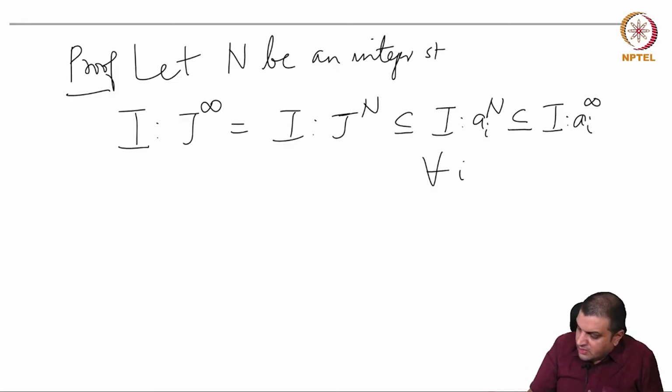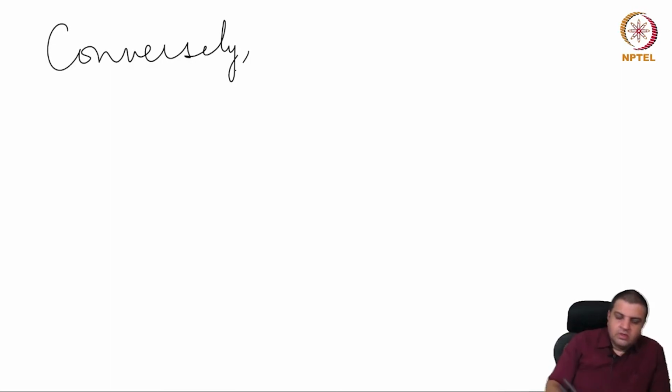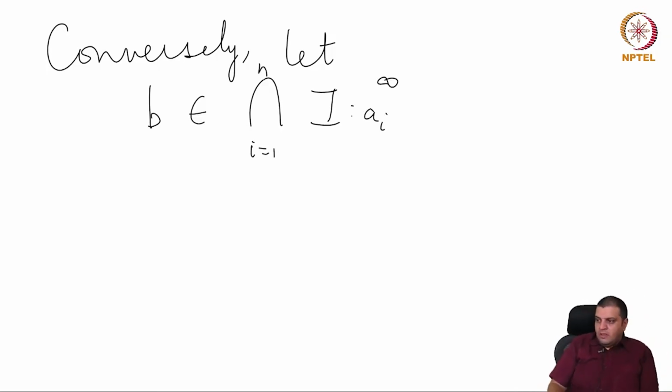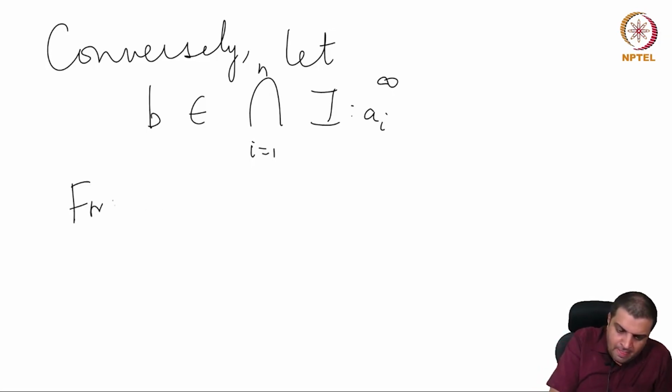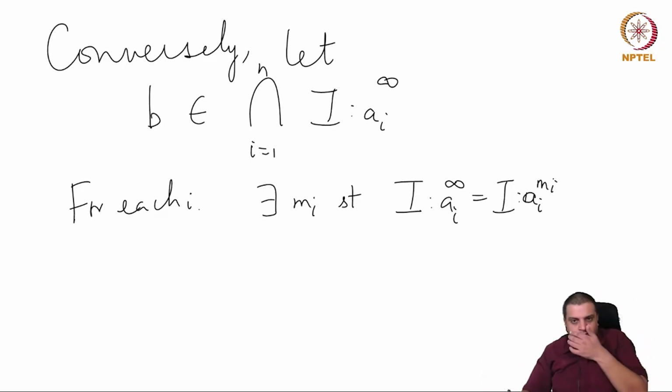For the other inclusion, conversely, we take a b in the intersection. For each i, there exists some mi such that I colon ai saturation is I colon ai to the mi, and so this is the stable value.